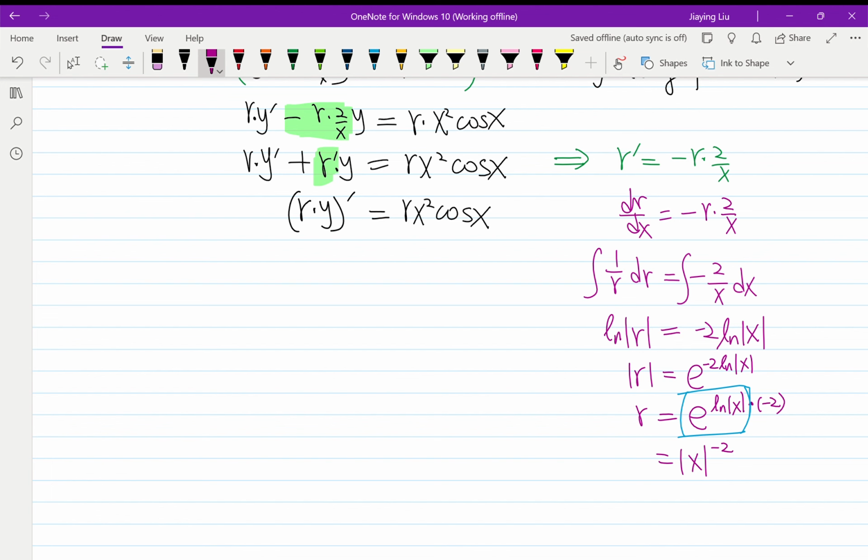And then with absolute value of x, negative 2 stays. So that's 1 over absolute value of x squared, which is the same thing as 1 over x squared, because the square of any number is going to be positive, so those two are equivalent.